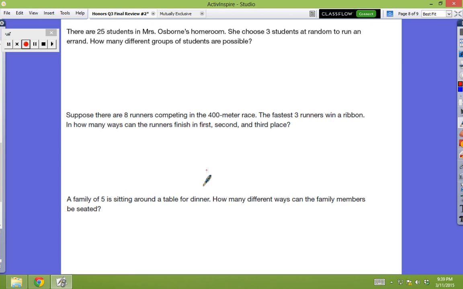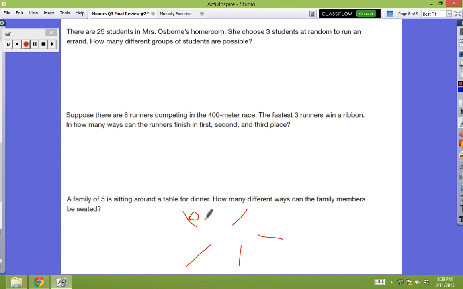If you've got 5 chairs all sitting around the table, this first spot, if I put the dad here, it does not matter which of the chairs he is seated in. So the chair arrangement doesn't matter, it's the people, how they're arranged, that's what matters.